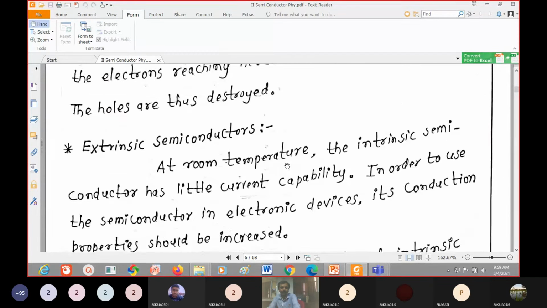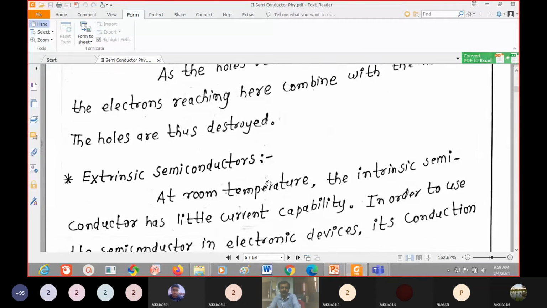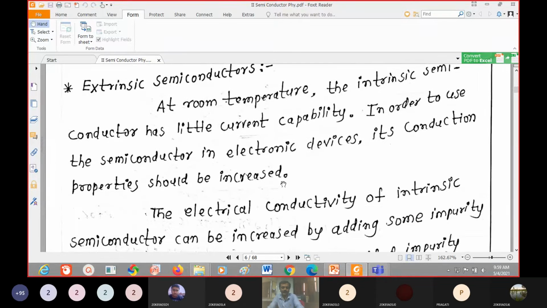Now we will discuss extrinsic semiconductors. At room temperature, an intrinsic semiconductor has little current capability, because it has very few charge carriers in the conduction band.